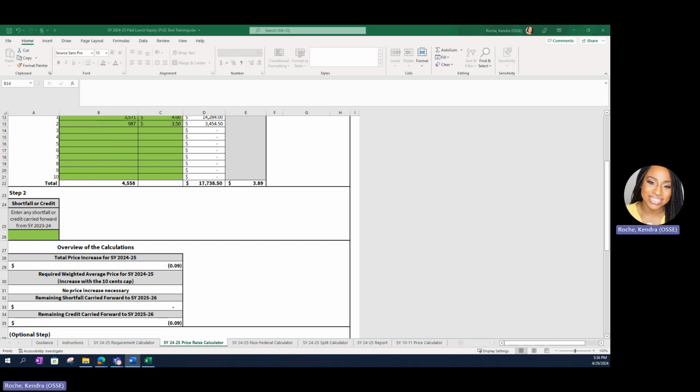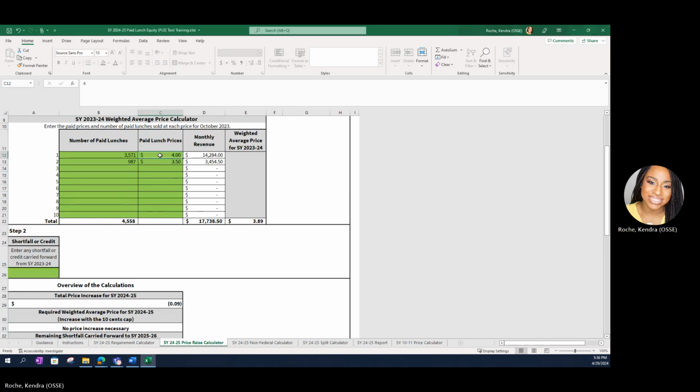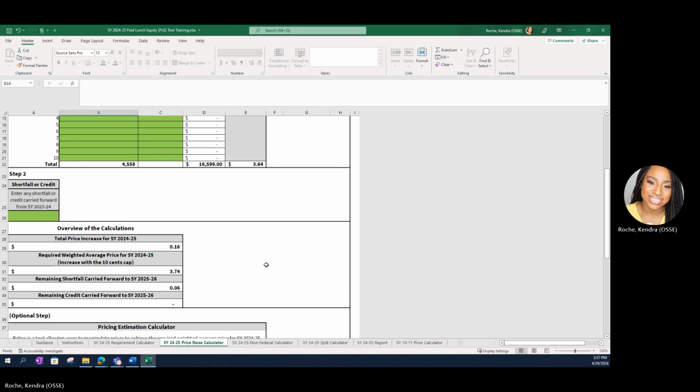We are going to use different prices to show another example. In this example, it is recommended that the SFA raise their weighted average price by 16 cents.